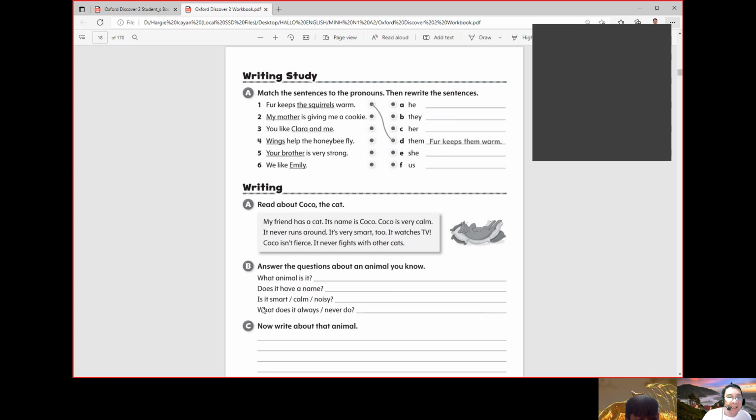Next, is it smart, calm, or noisy? It's noisy. Actually, ducks are noisy, especially if they are hungry, right? Yes. If they're hungry, you need to feed them because they're not going to stop saying quack quack most of the time. Next, what does it always do? It always screams. And what does it never do?